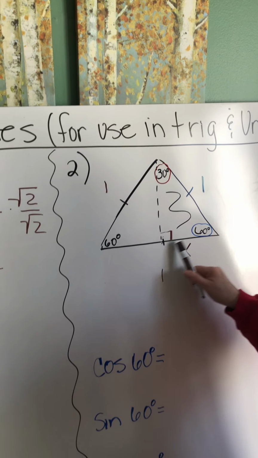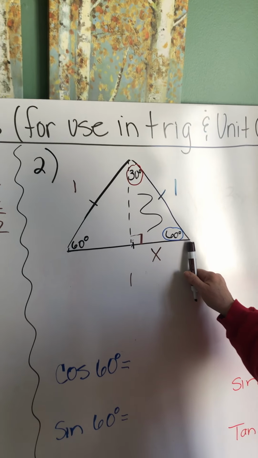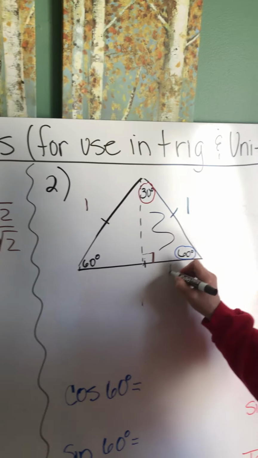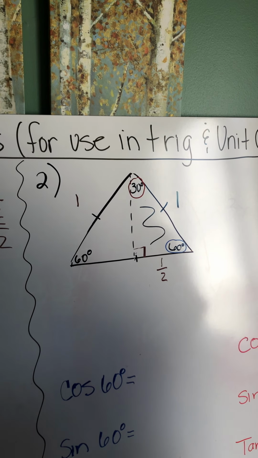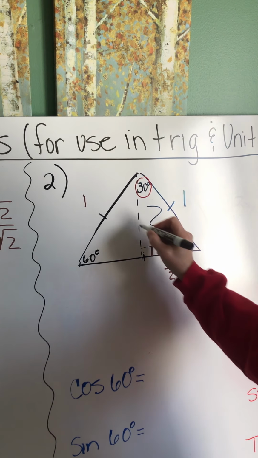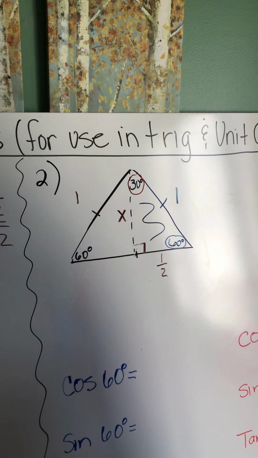And so, Bill, how long is this side right here? The half side? Yes. 1/2. Awesome. So we actually do know how long that side is. Excellent. So now we have two sides of this right triangle, and we are going to try to find the side that is opposite the 60-degree angle.